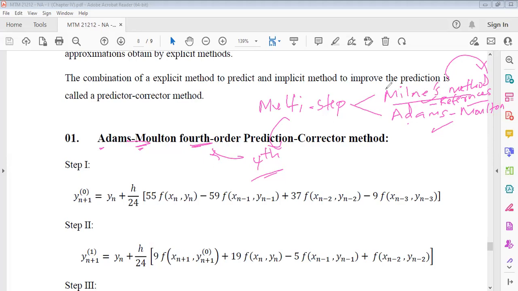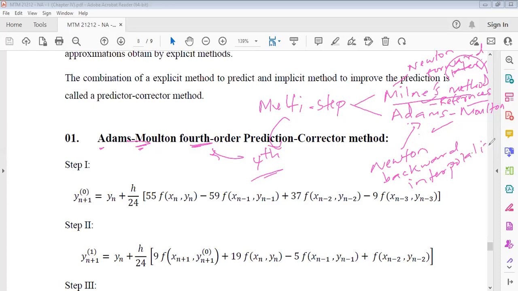Also, you can see Milne's method depends on Newton's forward interpolation, which you can check in the equation. Similarly, Adams-Moulton has Newton's backward interpolation.